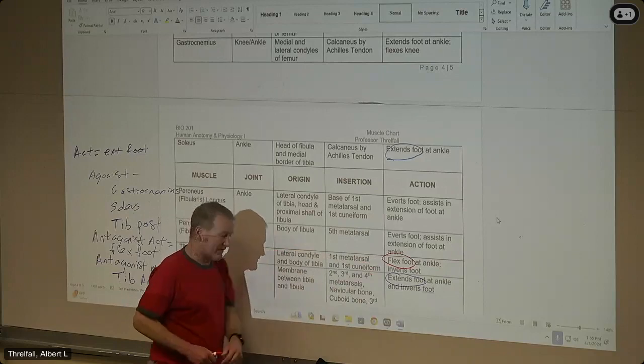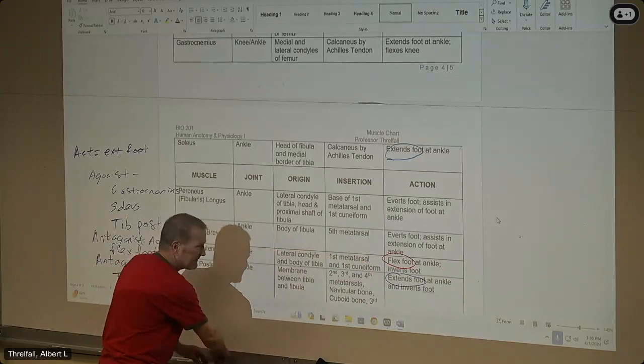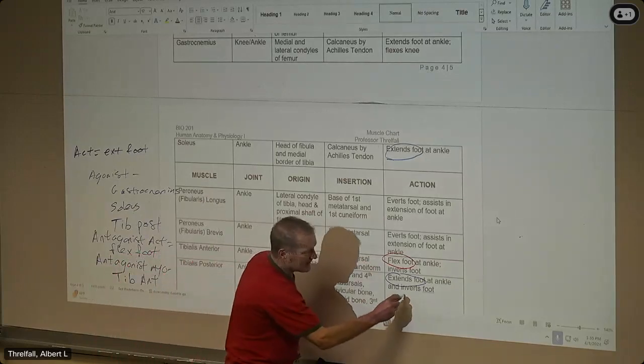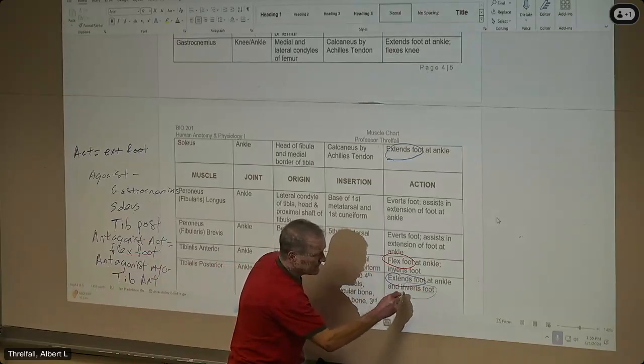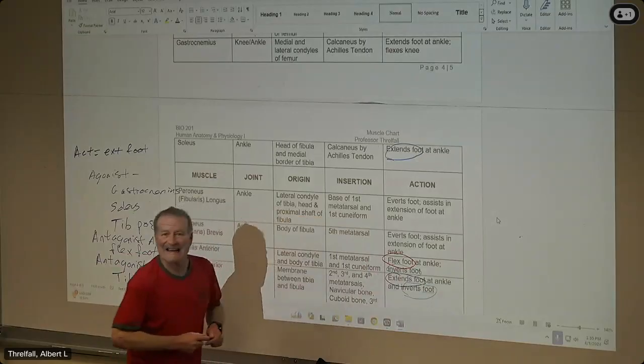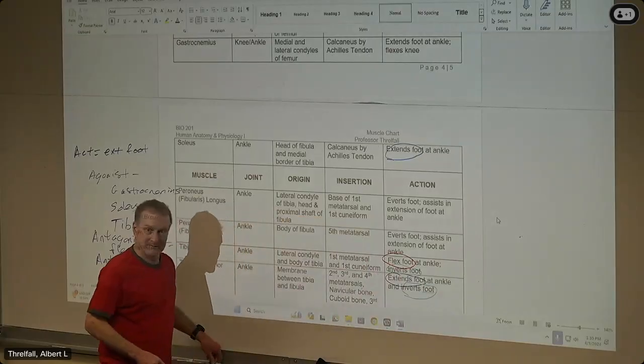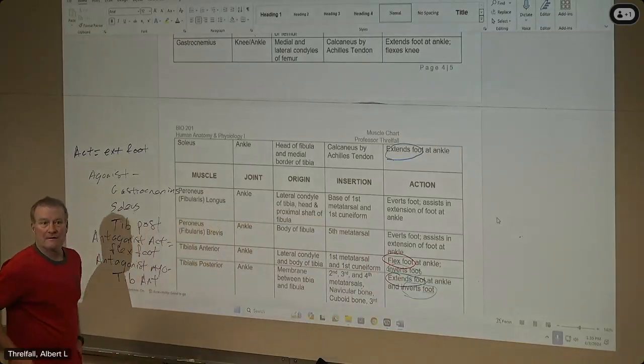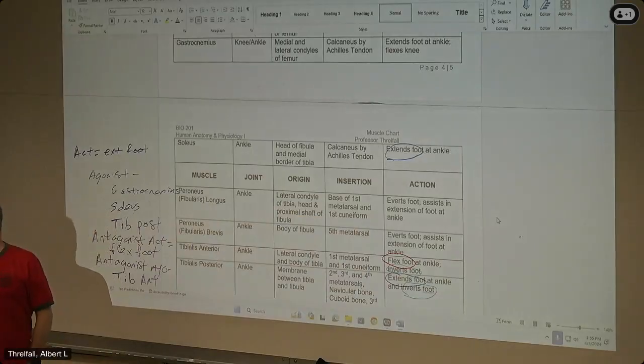They both invert the foot. So if we're talking about inversion versus eversion, they're an agonistic pair. So now the question is, are the tibialis anterior and tibialis posterior an agonistic pair or an antagonistic pair?